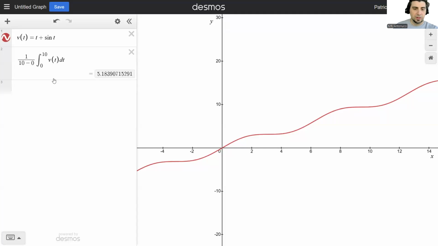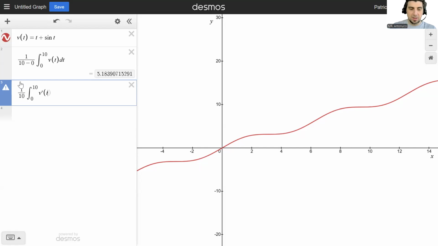So another cool thing we can do to get average acceleration, again, 1 over 10 int 0 to 10. Now remember, the average acceleration is 1 over b minus a, or t2 minus t1, times the integral of acceleration.